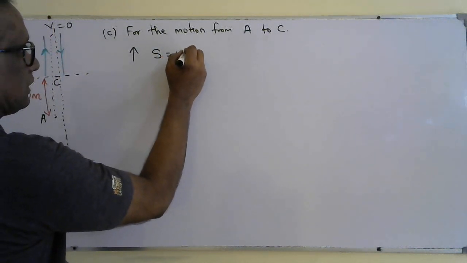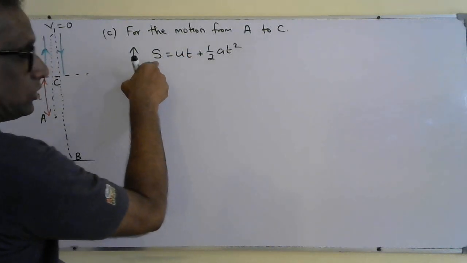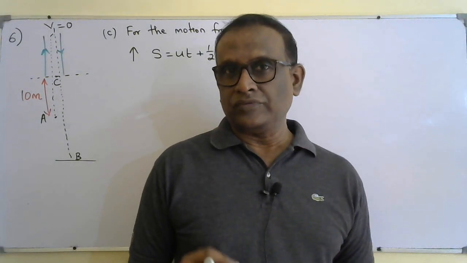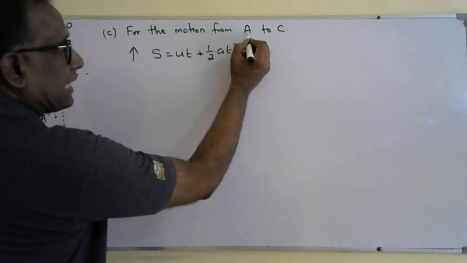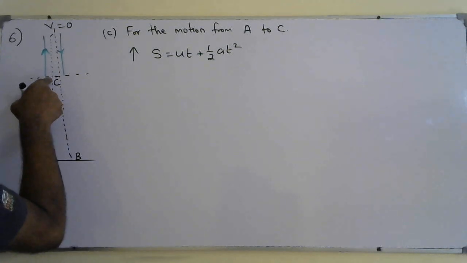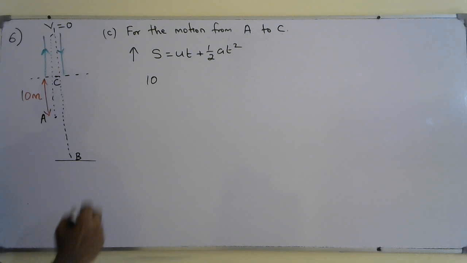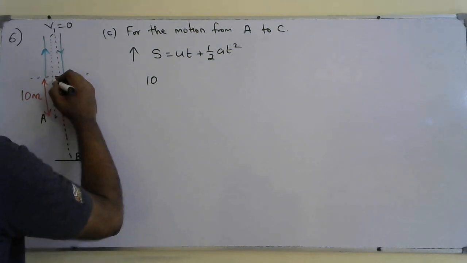I told that S is a displacement. Displacement means the shortest distance between initial point and the final point. I am considering initial point as A, final point as C. So S is 10. S is the displacement, not distance.